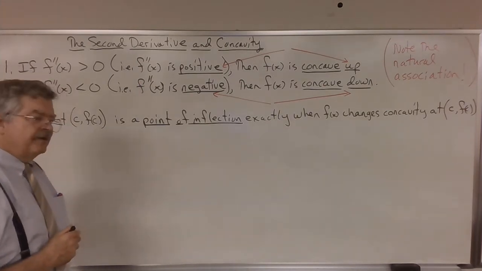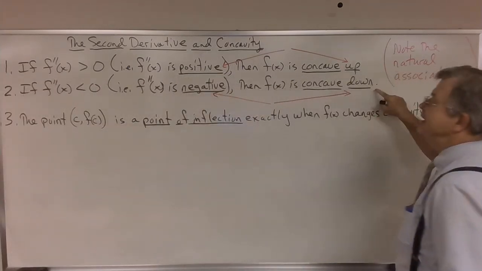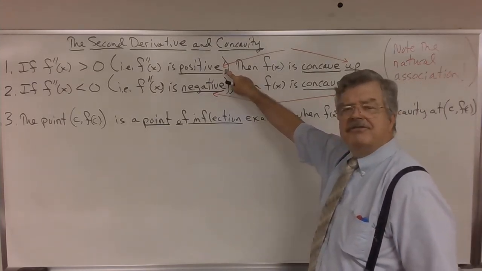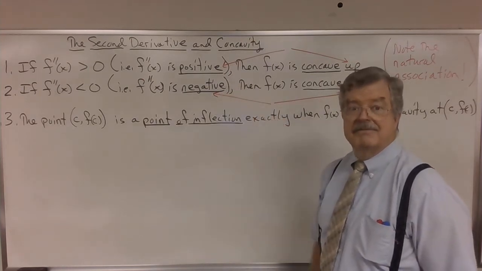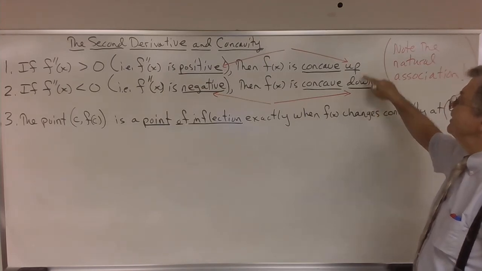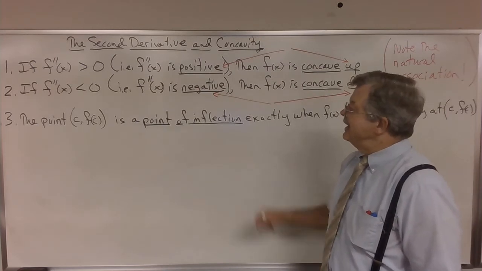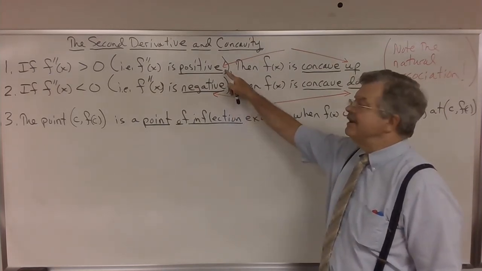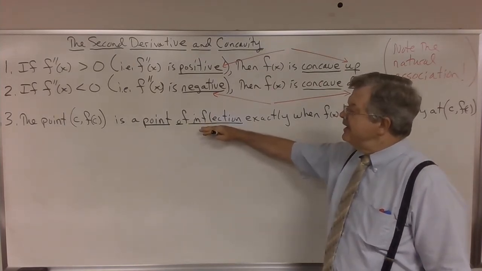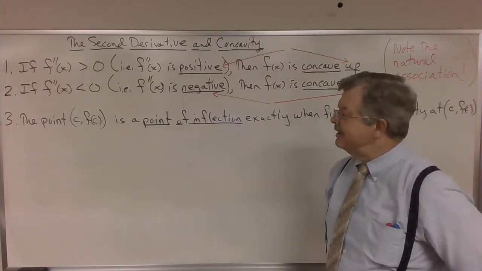If the original function changes from concave up to concave down, then the second derivative changes sign from positive to negative. And if the original function changes from concave down to concave up, then the second derivative changes from negative to positive. So we can restate this point in terms of the second derivative.